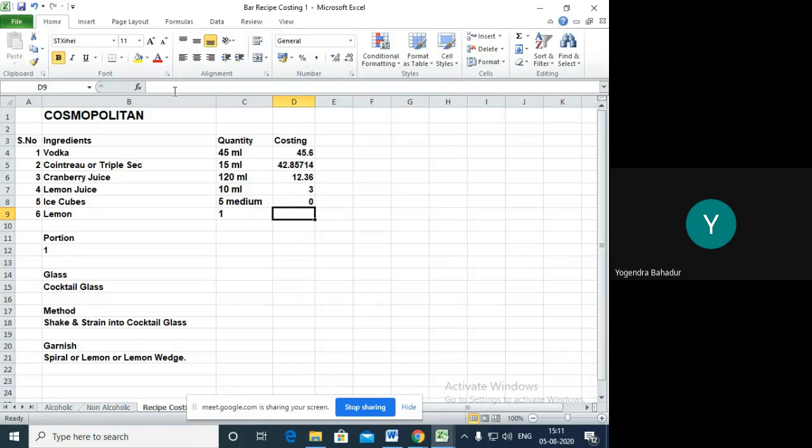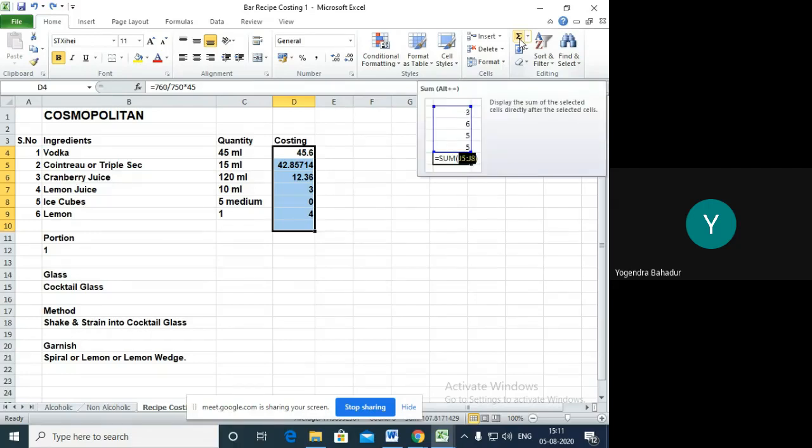So again coming here, we'll have to put equal to 80 divided by 1000 into 50, because 50 we have considered as the measure or the weight of one particular lemon.